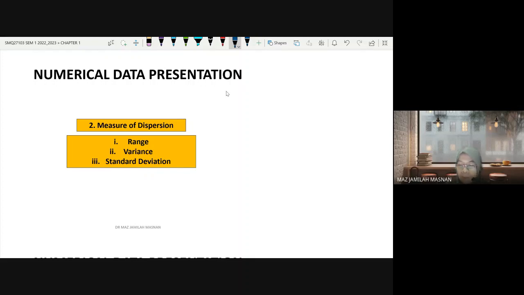Now, last time when we were talking about measure of central tendency, if we plot our data using a dot plot, for example, we might have the X bar here. The median could be here as well.